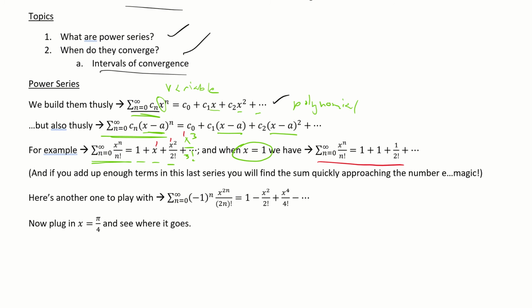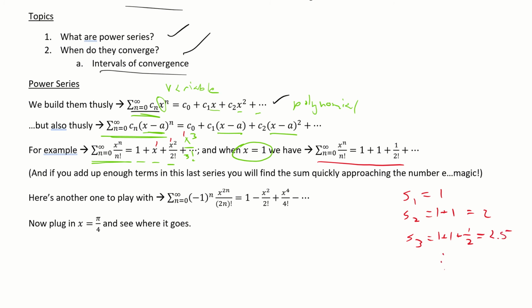Now if you add up enough of these terms, if you look at the sequence of partial sums, S1 is 1. S2 is 1 plus 1, which is 2. S3 is 1 plus 1 plus 1 over 2 factorial, which is 2.5, and you keep going.